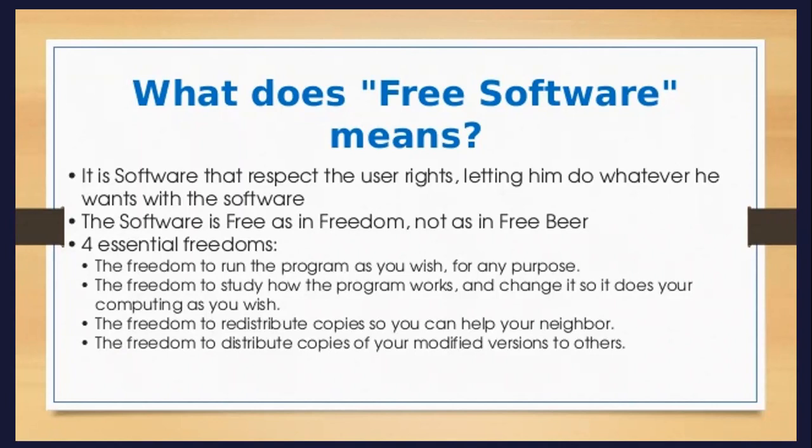The freedom to redistribute copies so you can help your neighbors, and the freedom to distribute copies of your modified versions to others. Free software is a matter of the user's freedom to run, copy, distribute, study, and change and improve the software. A program is a free software if the user has all these freedoms.